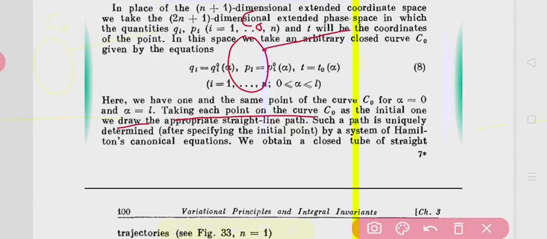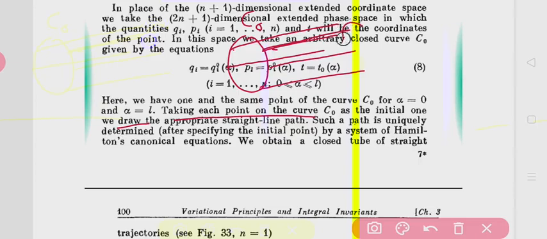Now this straight line path will be uniquely determined, because for this straight line path there will be the Hamilton equations. Now for every point we will have a straight line path. If I take another point on C naught, then we have a straight line path. If we take another point, we get another straight line path like this. So in this way, for every point there will be a straight line path.